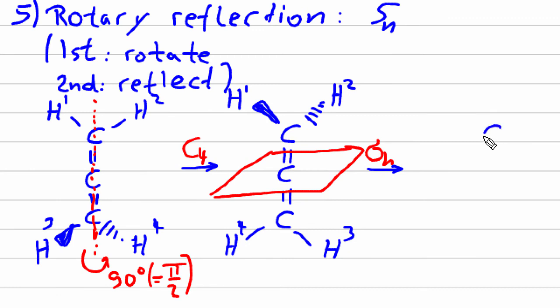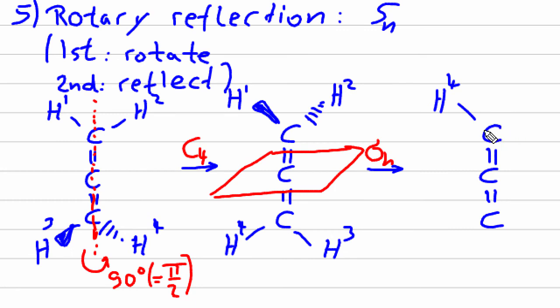Again, let's draw the carbon backbone of this molecule. And then what happens to our hydrogen atoms? Now hydrogen 4 moves all the way up after we apply this reflection. So hydrogen 4 will now be here.